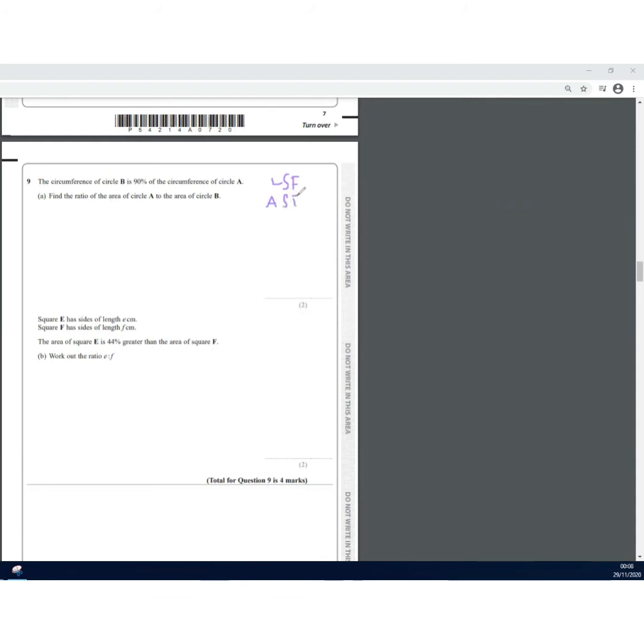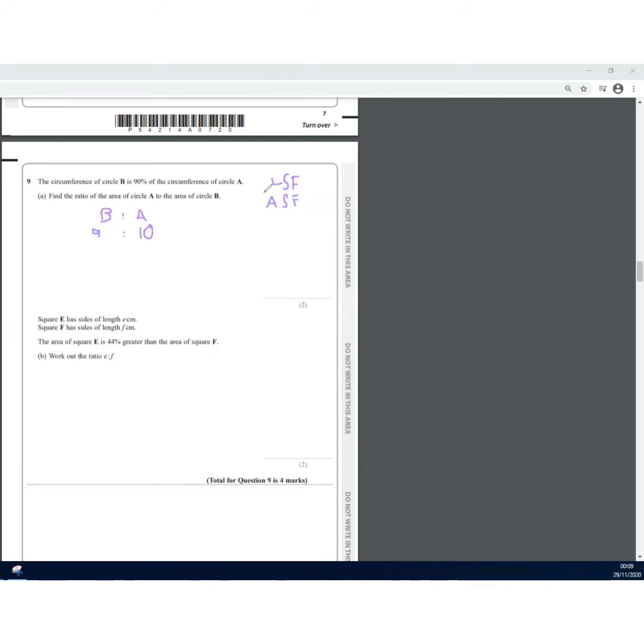So first, what we will try to do is write the given information in the form of a ratio. So B ratio A: the circumference of B is 90% of the circumference of A. Either you can write 90 ratio 100, or you can simply say 9 ratio 10, because it's basically dividing both parts of the ratio by 10.